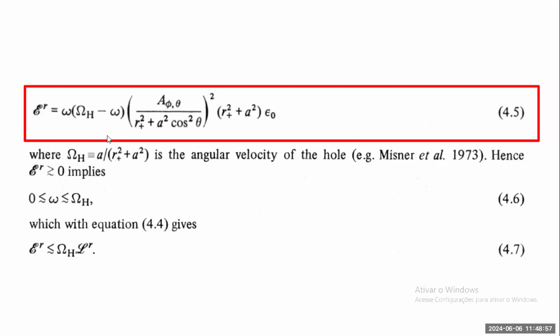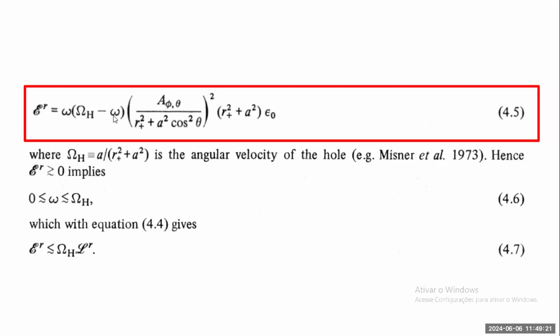Well, we have, of course, the vector field here, the vector potential, right? And we have here the rotation of the event horizon and the rotation omega, the little omega of the magnetic field lines, the toroidal twist.